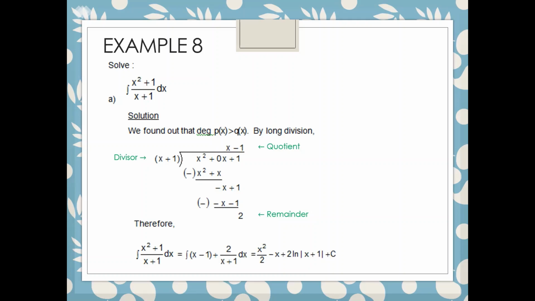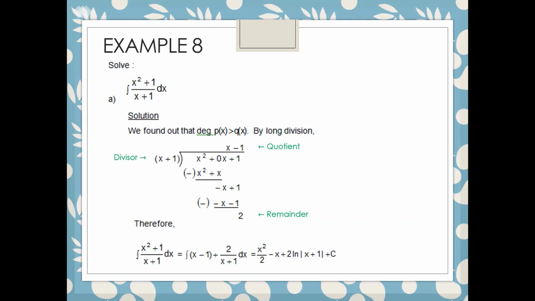To obtain x squared from x, multiply x plus 1 with x and bring the answer below. Then, minus as usual. X squared minus x squared is 0. 0 minus x is negative x. Bring the last term below, you will obtain negative x plus 1.